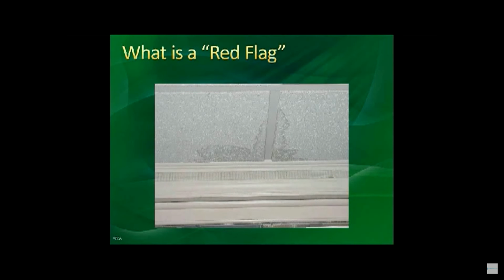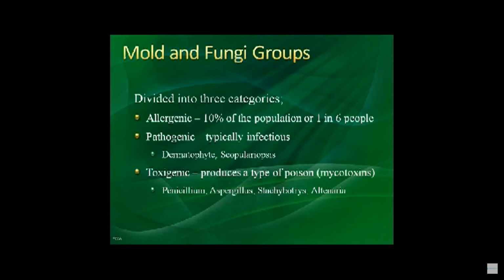So mold and fungi are actually divided into categories, and we'll be talking about this with some of the generalizations of lab reports. There's allergenic. Most of the molds are that which you'll be testing for. And about 10% of the population, or 1 in 6 people, have some type of an allergy to mold. Wheezing, coughing, watery eyes.